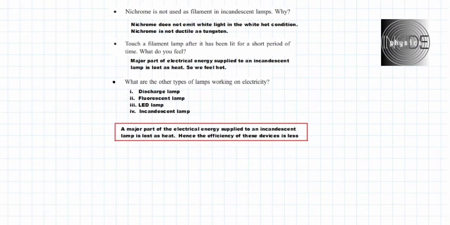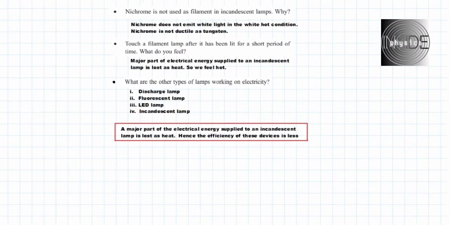Okay. The next question: what are the other types of lamps working on electricity? There are four different lamps. The first is the discharge lamp, the second is the fluorescent lamp, the third is the LED lamp, which is very inexpensive and which we frequently use nowadays, and the fourth is the incandescent lamp.